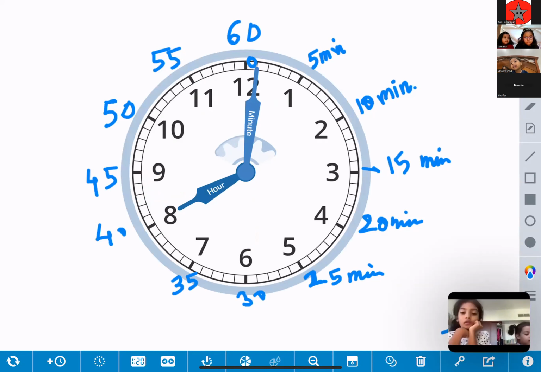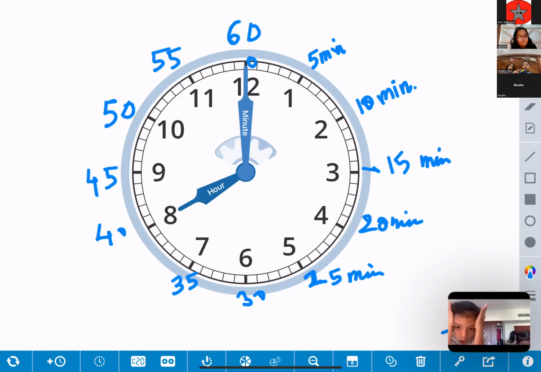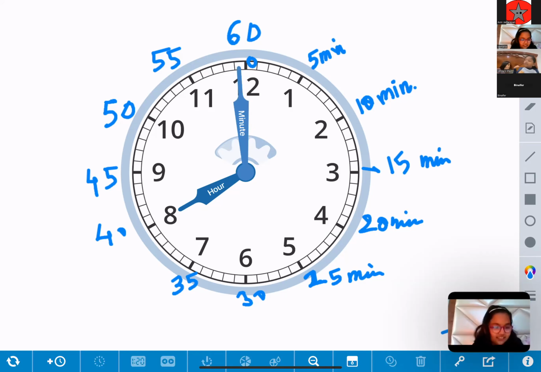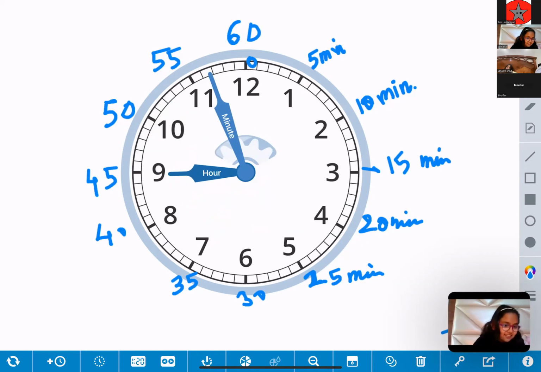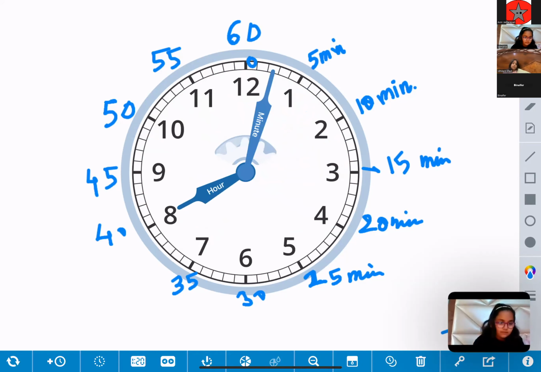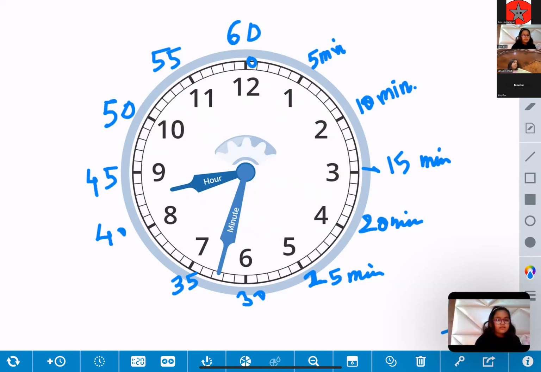See, this is 8 o'clock, correct? In 1 hour, the minute hand has to take one complete circle. And what about the hour hand? What do you think is going to happen to the hour hand? He will just go on one number. So it's going to go from 8 to 9. Yes, everyone? Hour hand has to travel just from 8 to 9.